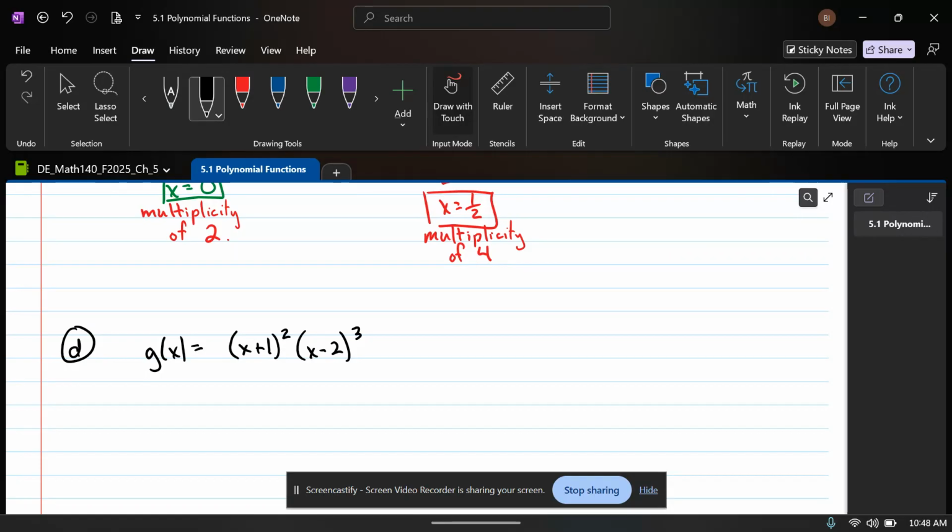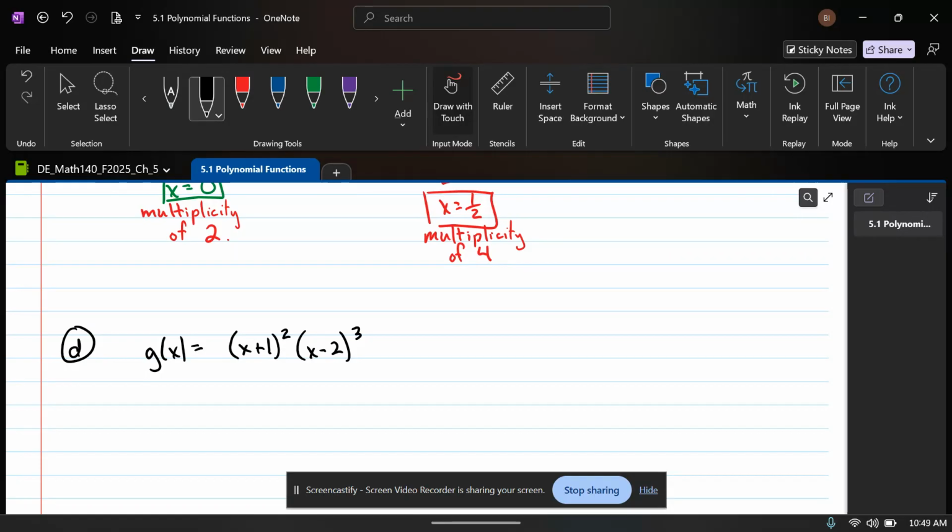Because it's in factored form right now, and degree comes from standard form. But I don't really want to multiply it all the way out. So if I were to multiply out the (x plus 1) squared and the (x minus 2) cubed, what would the first term of the (x plus 1) squared be?